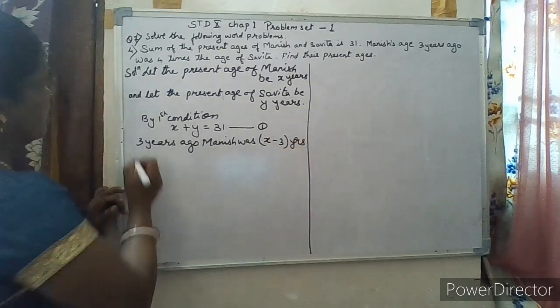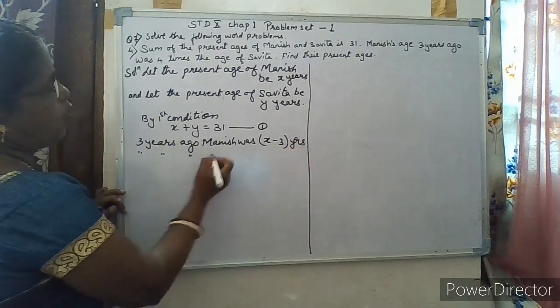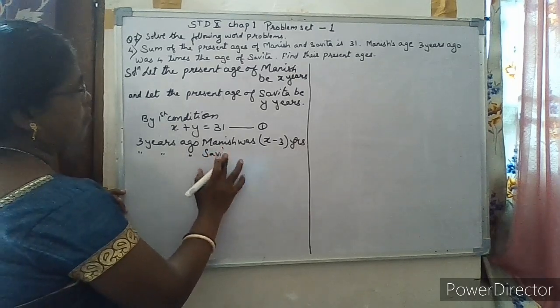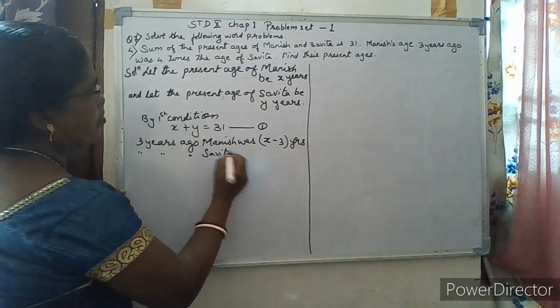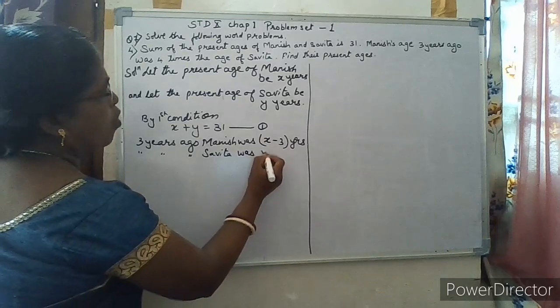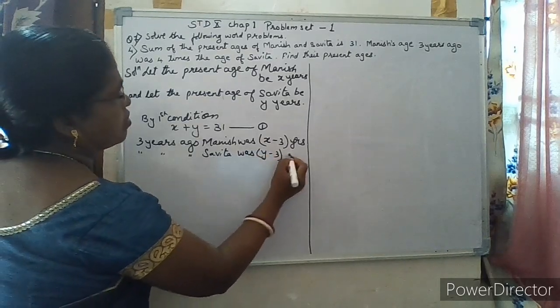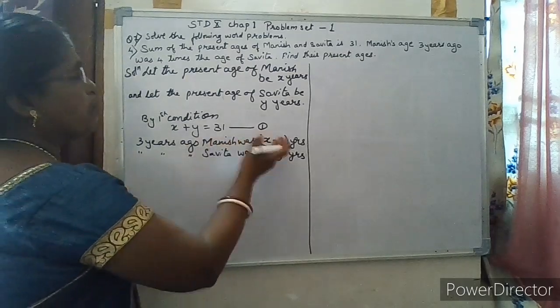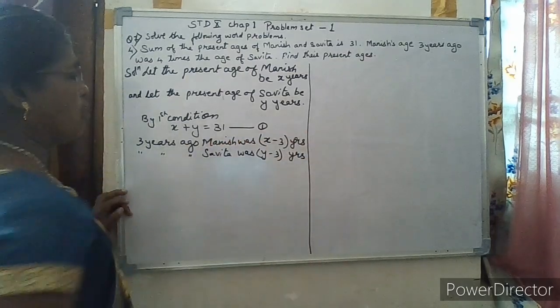In the same manner, 3 years ago, Savita was y minus 3 years. This is the age of Manish and Savita 3 years ago.